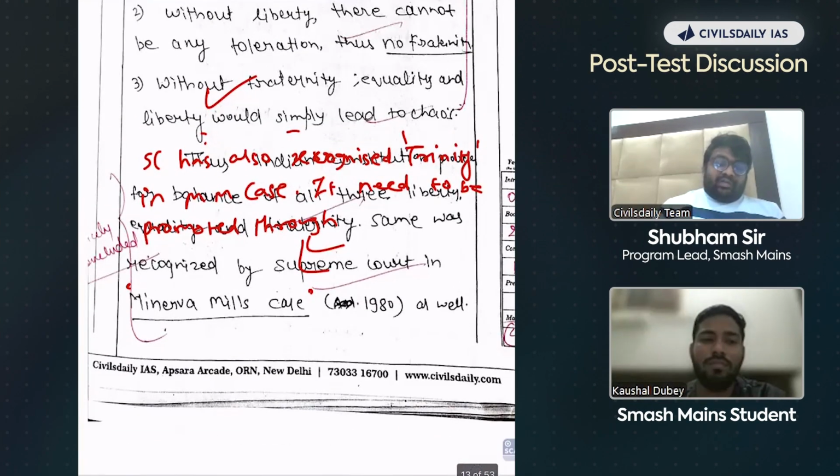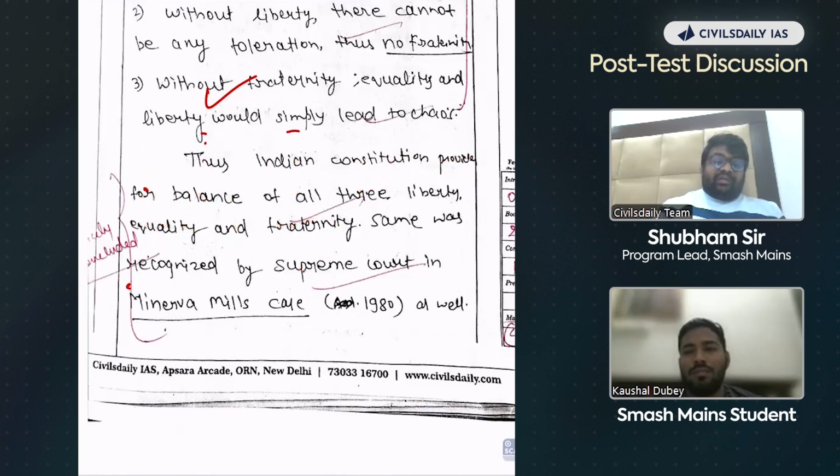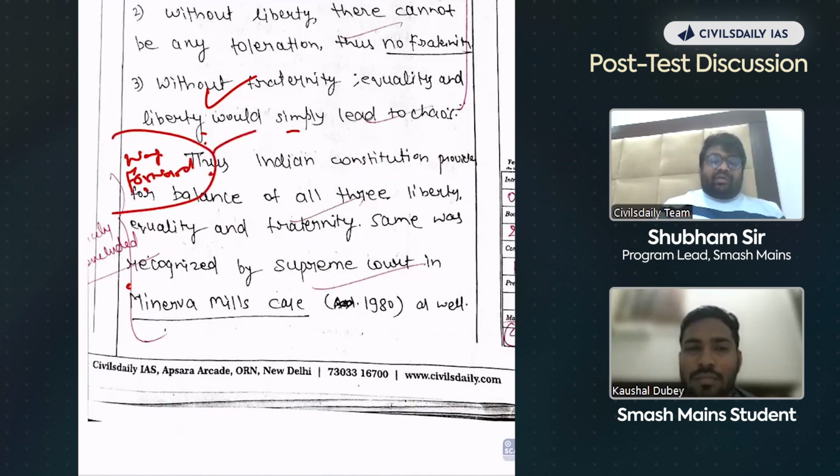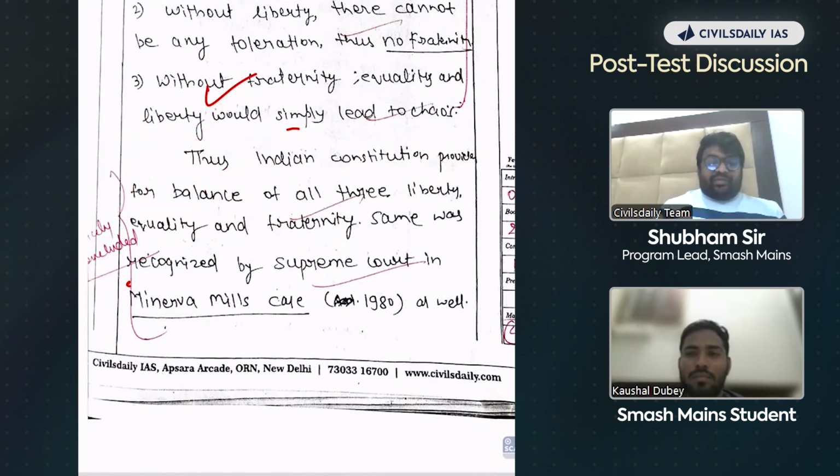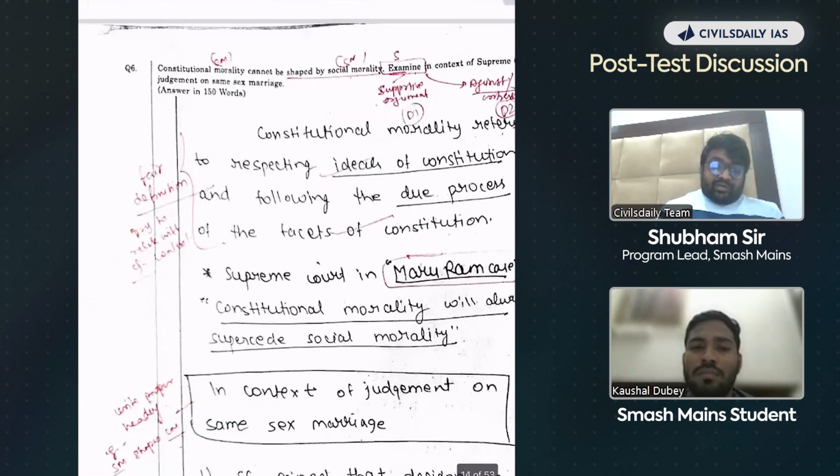Or the simple way is after this only you provide the way forward, if you don't want to combine your conclusion and way forward. That is also the way. Then it's fine if you don't provide this in this particular case.